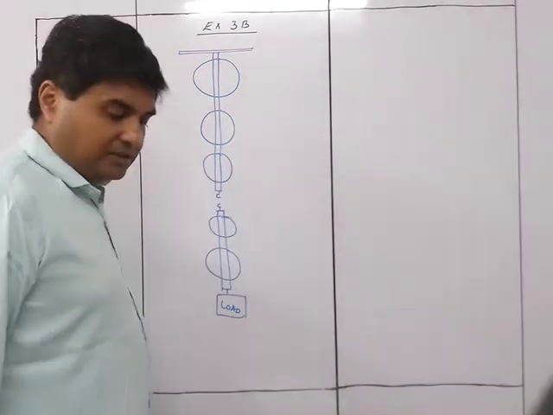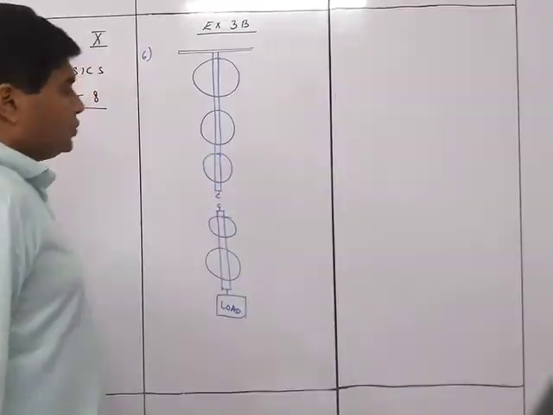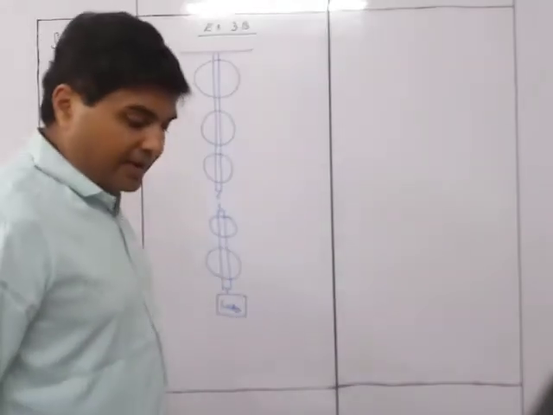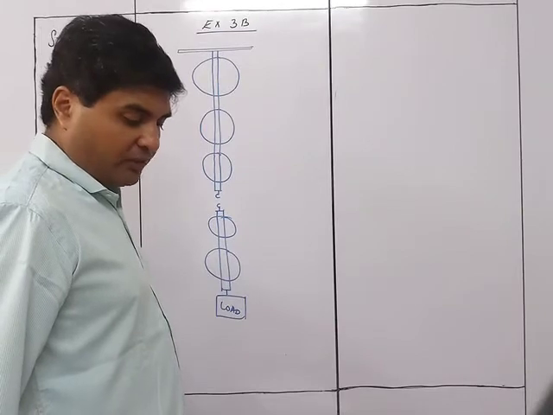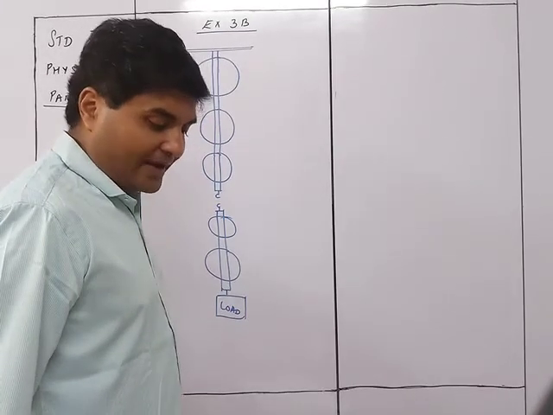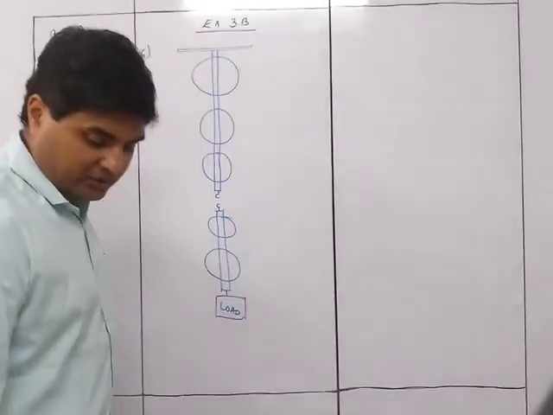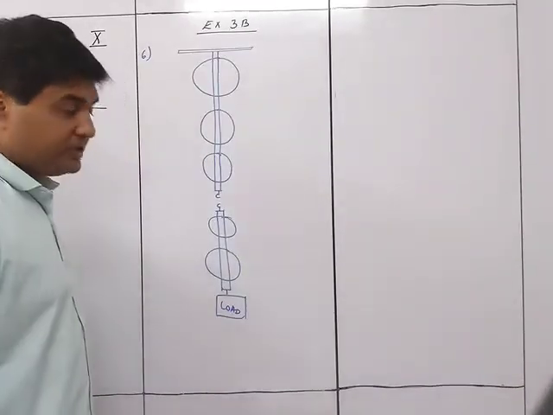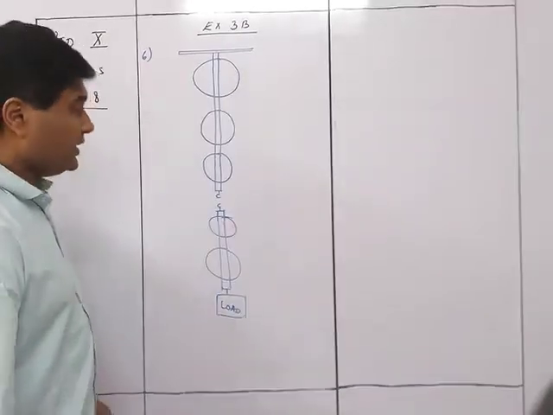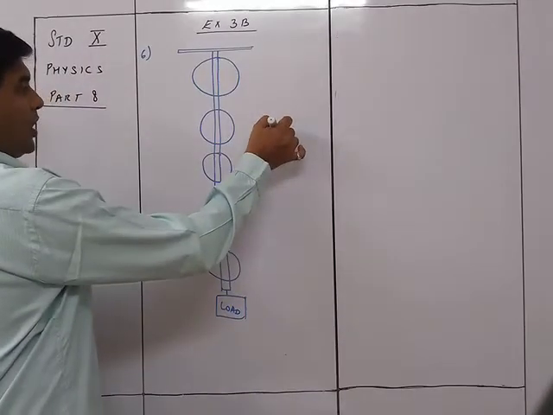This is what is given to us. Now they have asked us, first of all, to mark in the diagram the direction of the load. So first of all, draw a tackle to lift the load by applying the force in the downward direction. So we are applying the force in the downward direction. Accordingly, the tackle will be from the top.